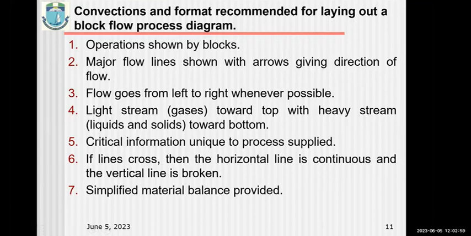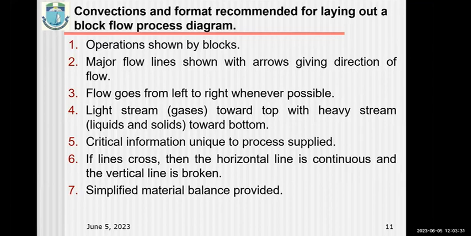So as you will expect, there are standards, which are called conventions, for drawing your flow diagram. Usually operations are shown by blocks, or just like I said, a rectangle. Each of the operations is shown by a rectangle.